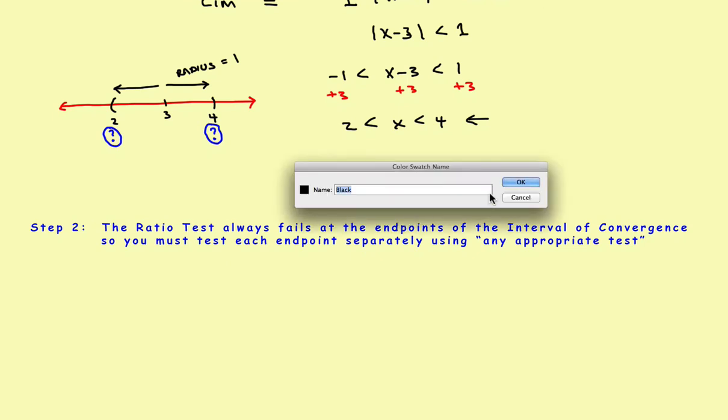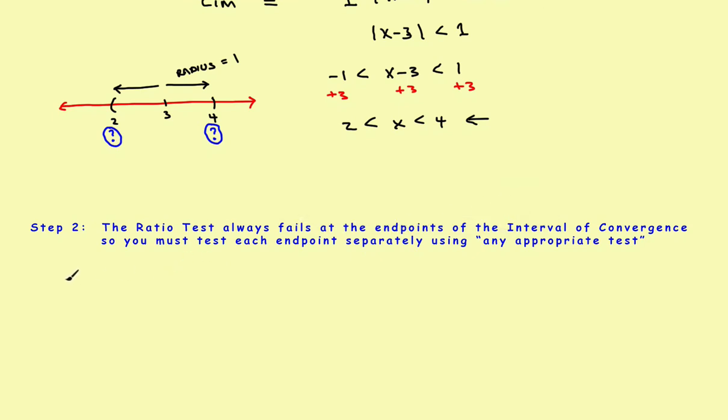So again, I'm going to test the left endpoint. I had the summation from n equals 1 to infinity of x minus 3 to the n divided by n.